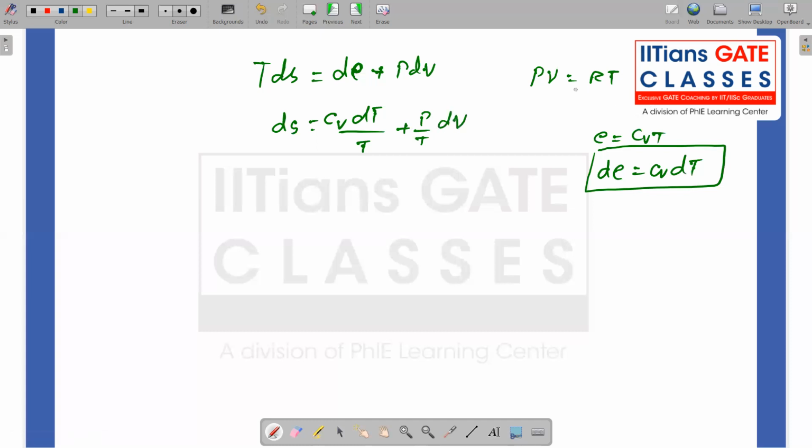What is P by T? If PV is equal to RT, that means P by T is equal to R by V, right? So that becomes ds is equal to Cv times dT by T plus R times dV by V. Now this is a very straightforward differential equation. I can get a solution if I integrate from state 1 to 2.